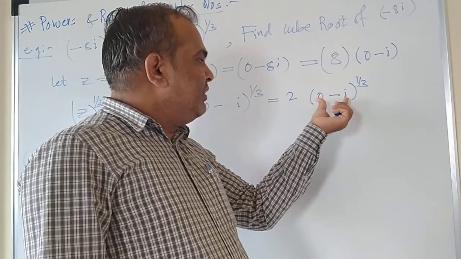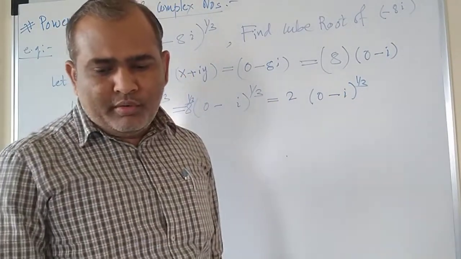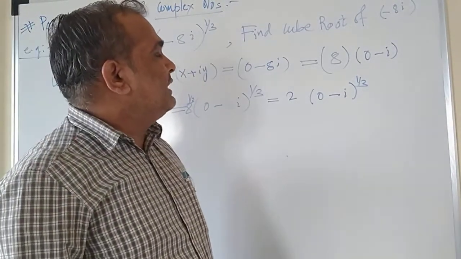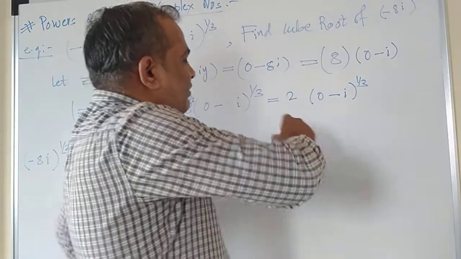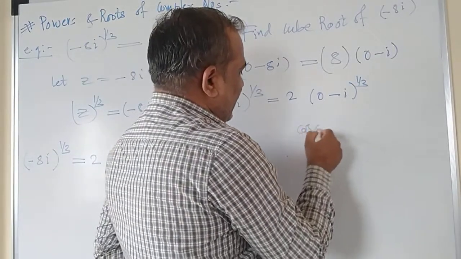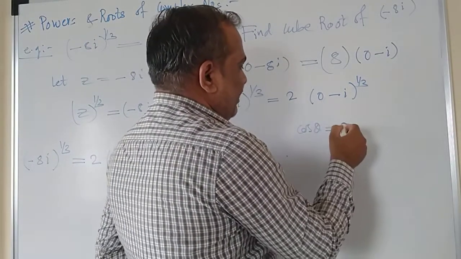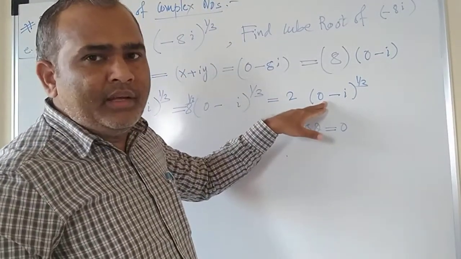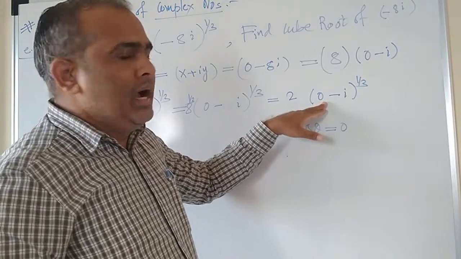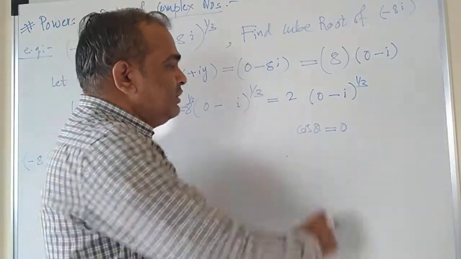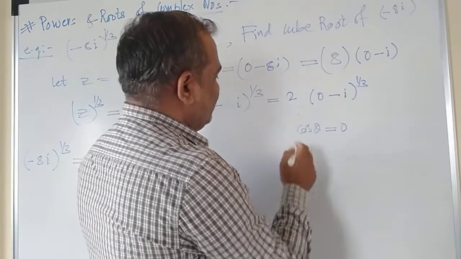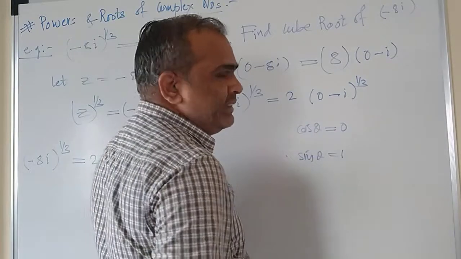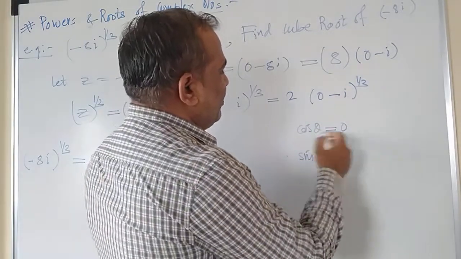In order to simplify 0 minus i, you should find the values of cos theta and sin theta, so that for a particular value of theta you get cos theta equal to 0, because we are writing this in terms of cos theta minus i times sin theta, or plus i times sin theta. So you should look for cos theta equal to 0 and sin theta equal to 1, because i is already there.